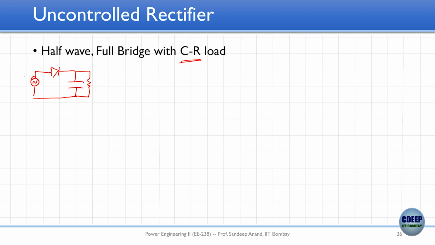So let's do that. Let's say this is V in. Let me mark this as VO, and the current flowing through the diode is, let's say, ID.